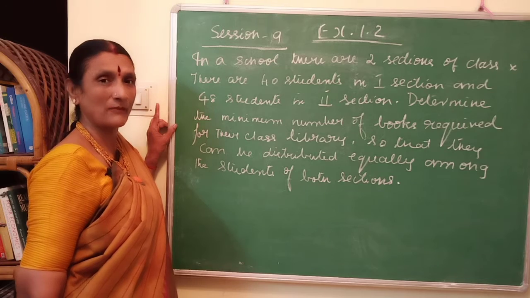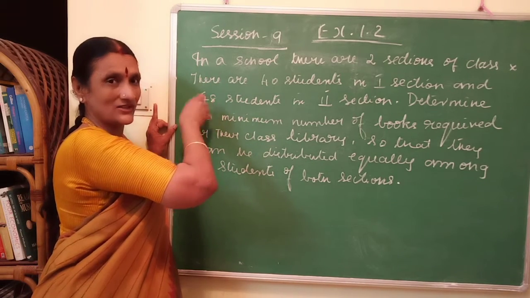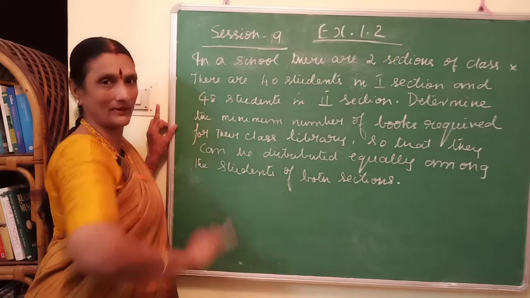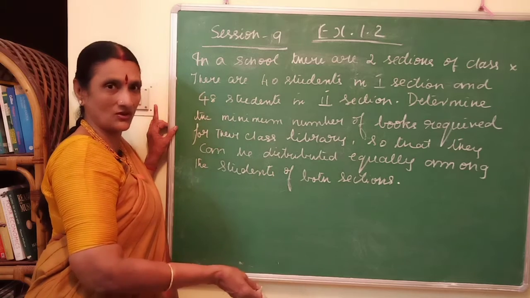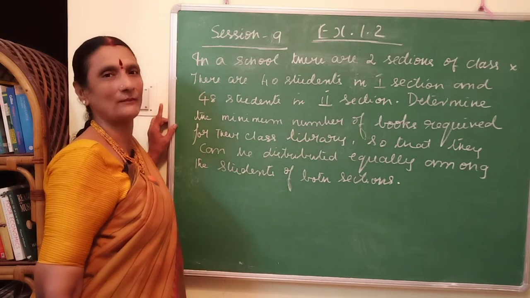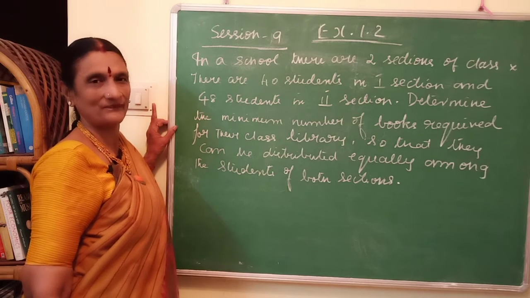That is, the number of books that you are going to stock should be a multiple of 48, so that all 48 will get an equal number of books. At the same time, it should be a multiple of 40 also, so that all 40 will get an equal number of books. That is the challenge that we have to understand. Is it clear?